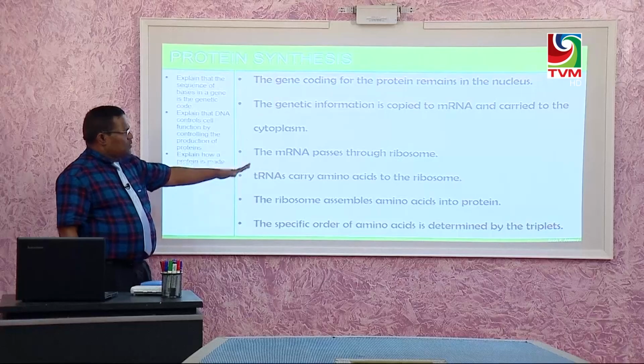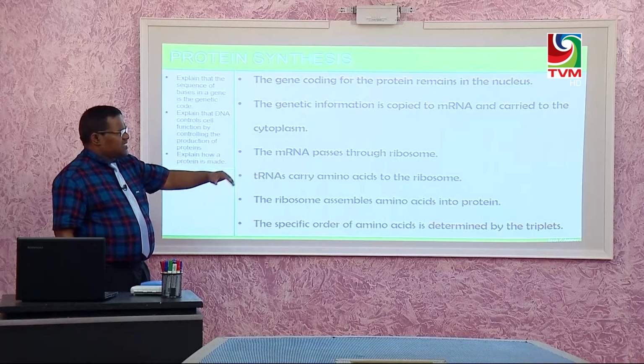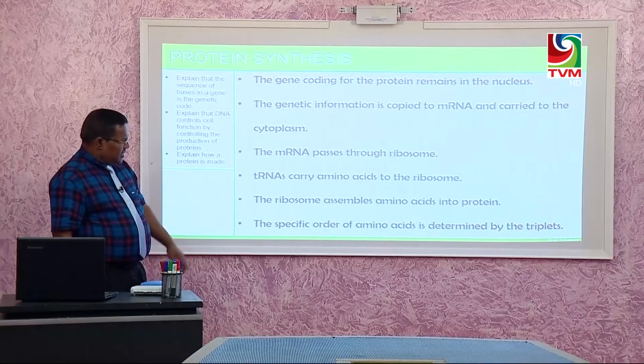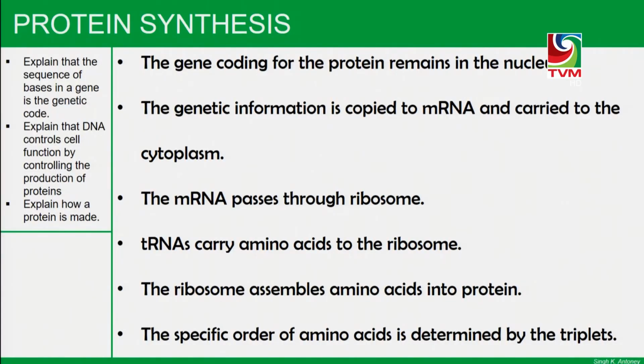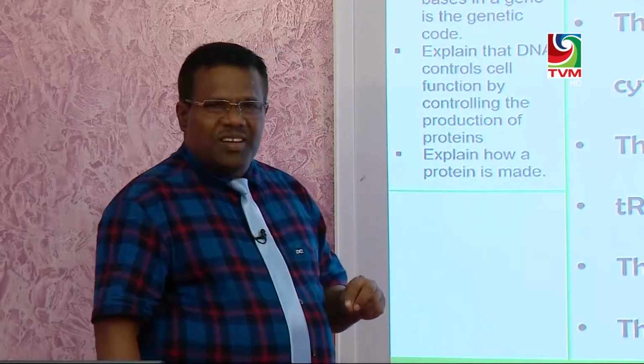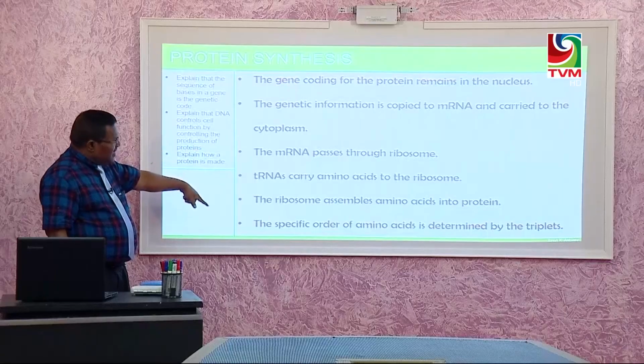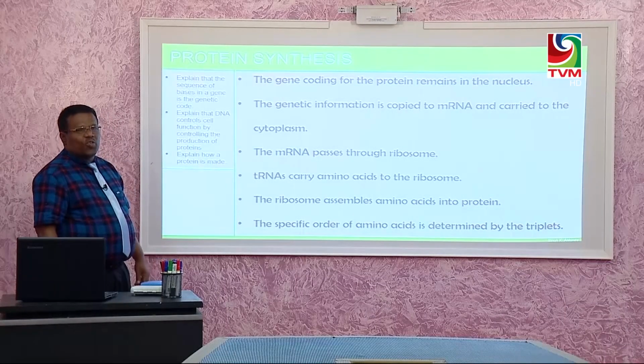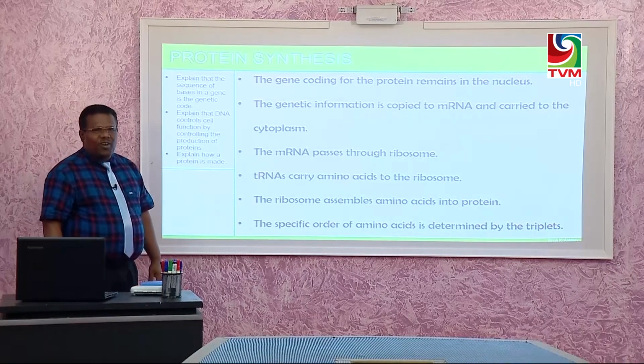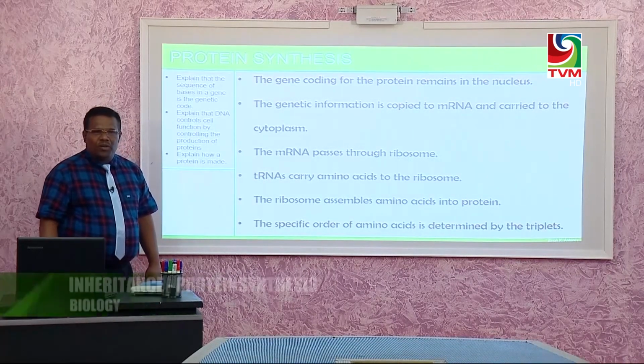Then the ribosomes will assemble amino acids into protein. The specific order of amino acids is always determined by the triplets which are found on mRNA. So this is how protein synthesis takes place. And if you are able to remember these steps, then you will be able to get all the marks when they are asking for protein synthesis.